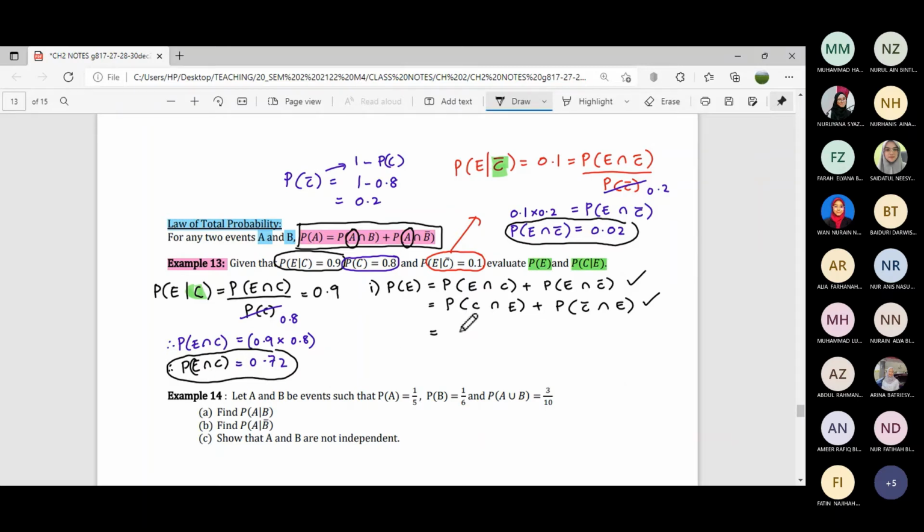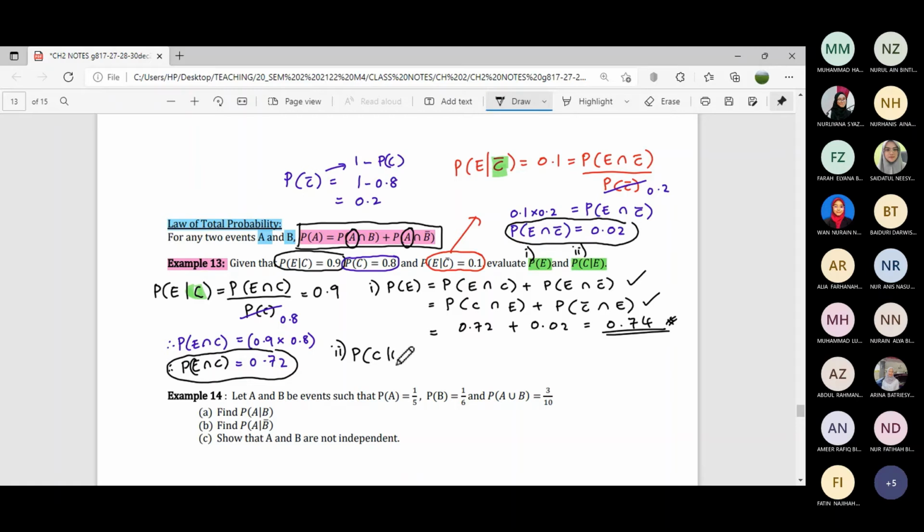E silang dengan C, you have here 0.72 plus dengan E silang dengan C bar 0.02. So you'll have here 0.74. Okay, dapat. Untuk ini tak perlu lukis tree diagram, boleh guna rumus saja. Okay, cuba untuk ni, yang kedua ni. Ni yang pertama, cuba yang kedua.